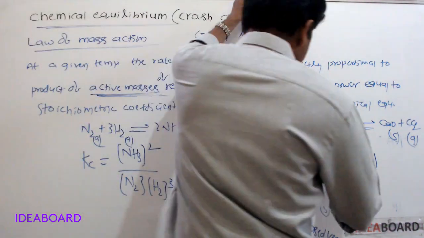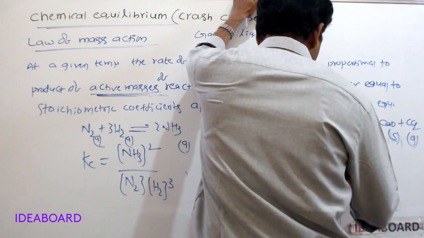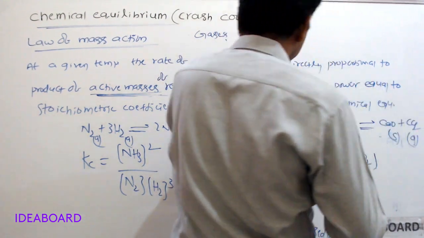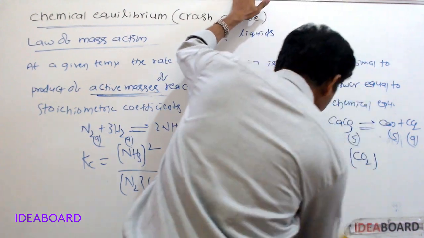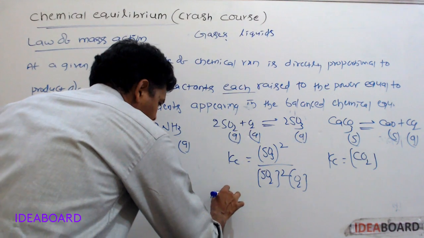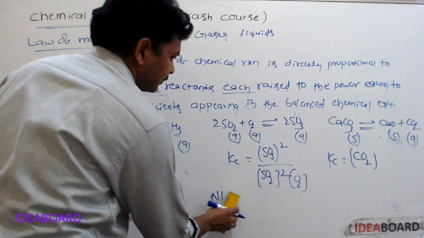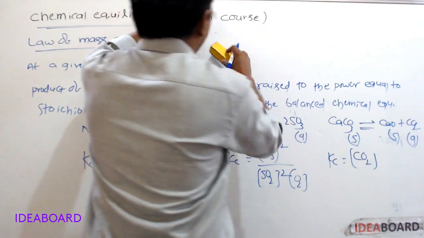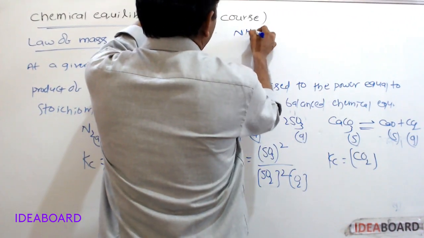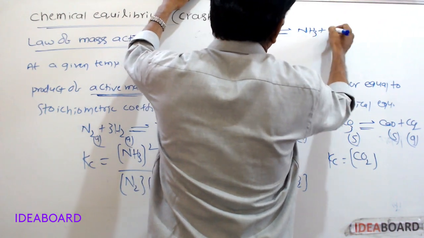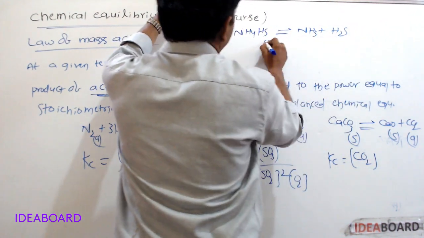If we take this reaction, NH4HS gives rise to NH3 plus H2S.